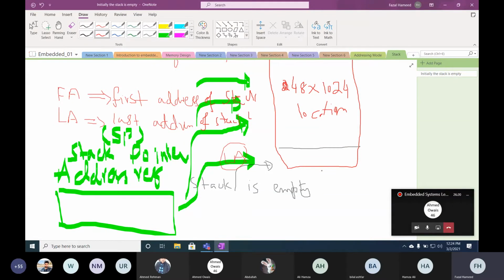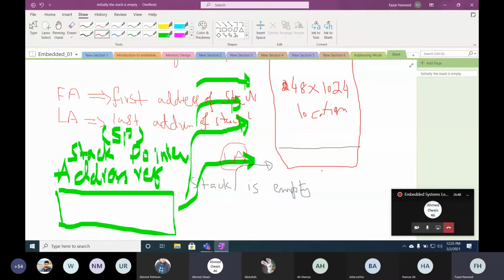Can I point my hand to 5 students at the same time? No, sir. I can point only to one student. So that's the reason this stack pointer is an address register, and it is pointing to only one location in a stack. Now, is it understood?